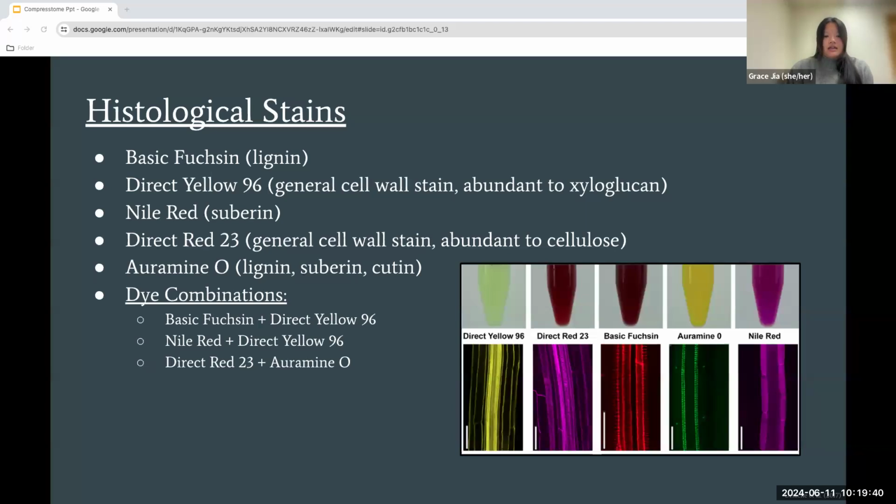So as you can see here, there's an outline of the combinations that we will be using, which are basic fuchsin and Direct Yellow 96, Nile red and Direct Yellow 96, and Direct Red 23 and Auramine O. And as you can see from the image on the right, the first is showing Direct Yellow 96 in yellow, Direct Red in magenta, basic fuchsin in red, Auramine O in green, and Nile red also in magenta. This image right here is staining of the differentiated Arabidopsis roots that are presented as examples.